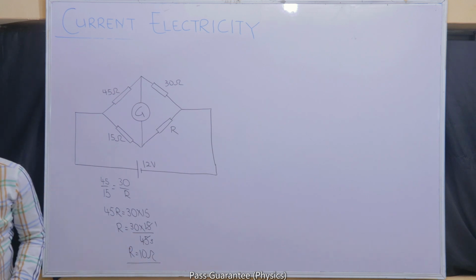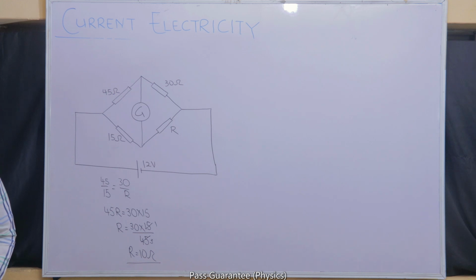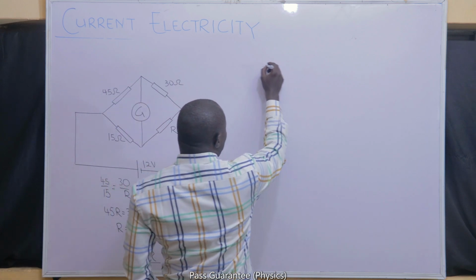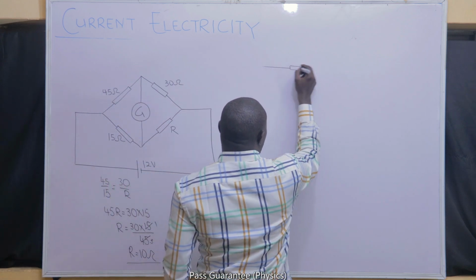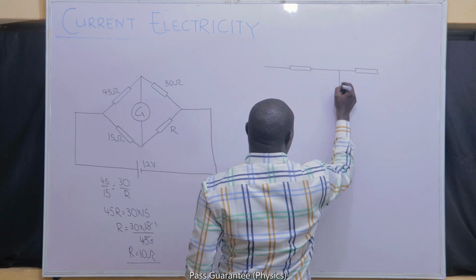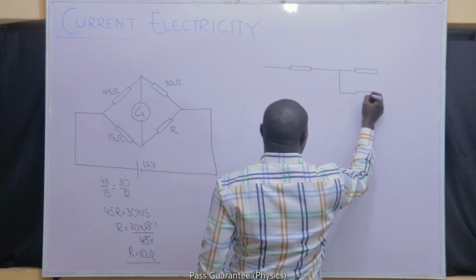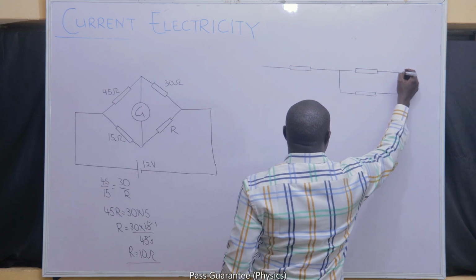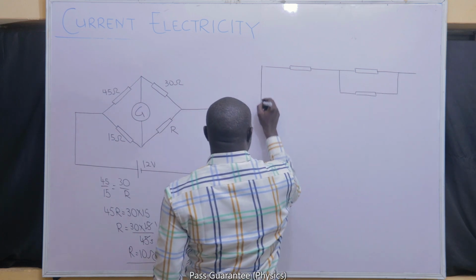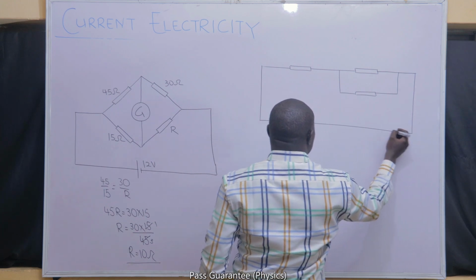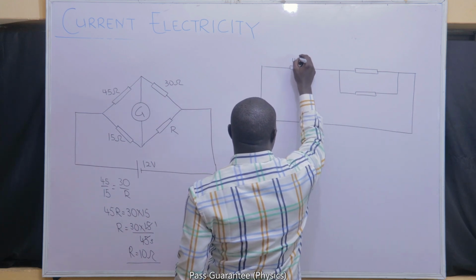There's another question that we should look at on meter bridge. We have 4 ohms. This is 4 ohms.